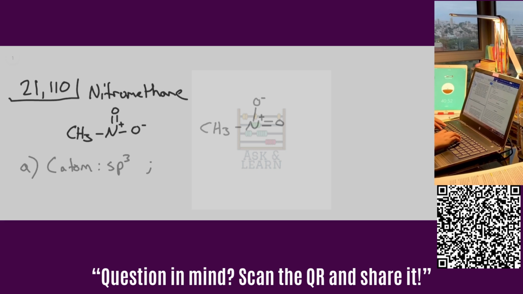Now, next we're asked about the other atoms' hybrid orbitals. So we have nitrogen, and it's bonded to 3 atoms, so it will be sp2.